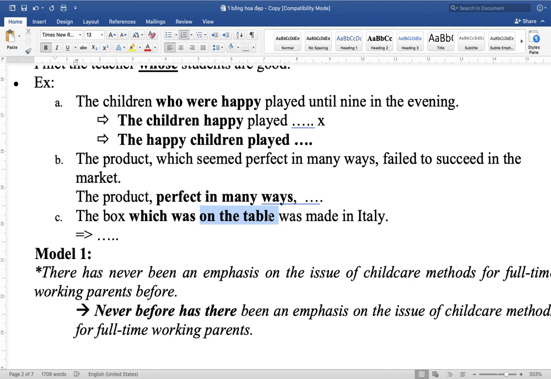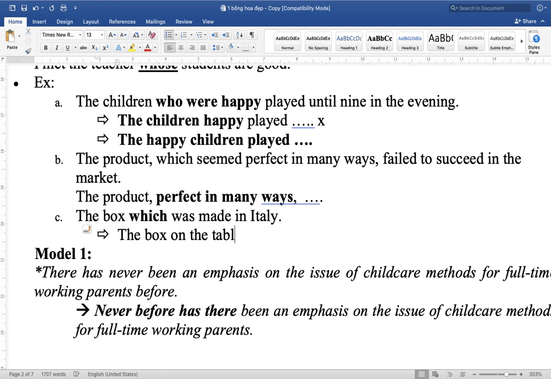And this one, this is okay. You see on the table, this is an adverbial phrase. So you can say the box on the table was made in Italy. The box which was on the table was made in Italy.